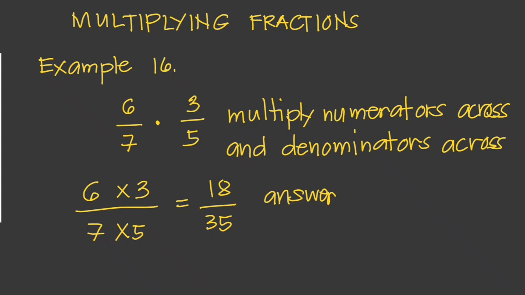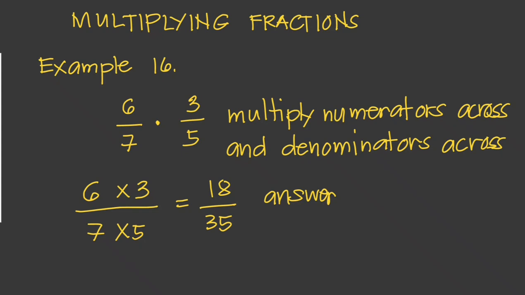Say for example, 6 over 7 times 3 over 5. We multiply the numerators across and denominators across. That would be 6 times 3 over 7 times 5. So we will get an answer of 18 over 35.